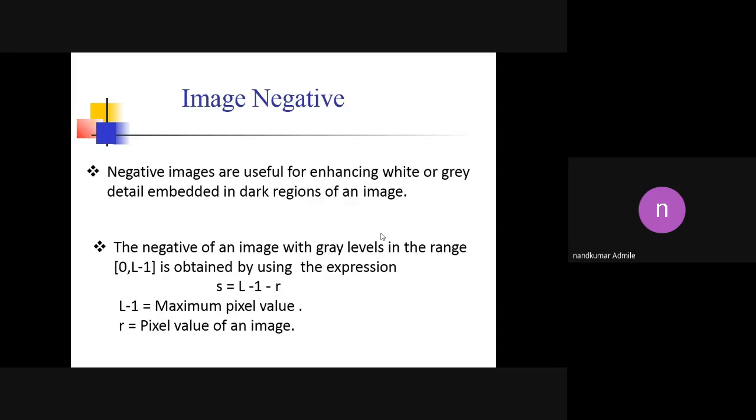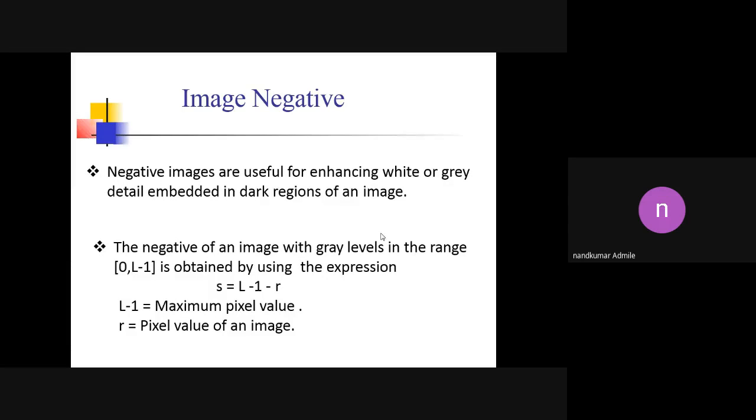If we take 1024 by 1024, in this case the maximum pixel value is 1024. From that maximum pixel value, we subtract the pixel value, which is represented by r.